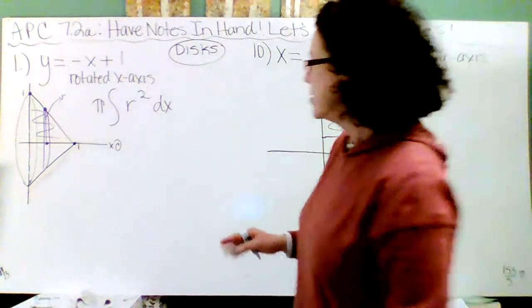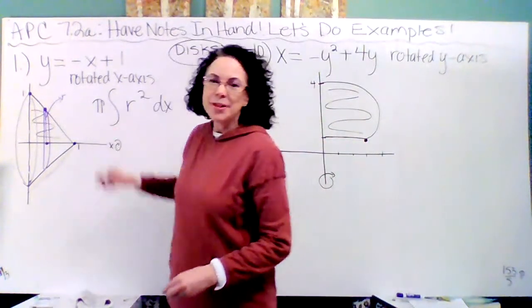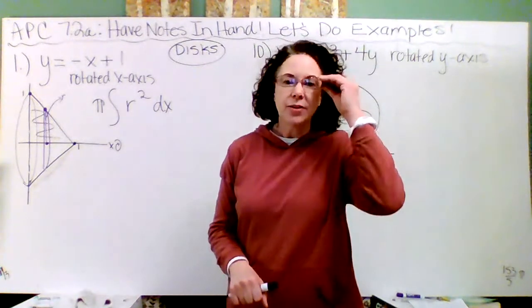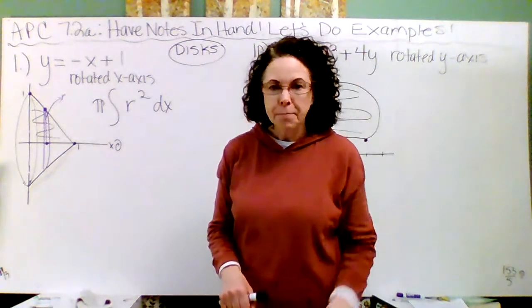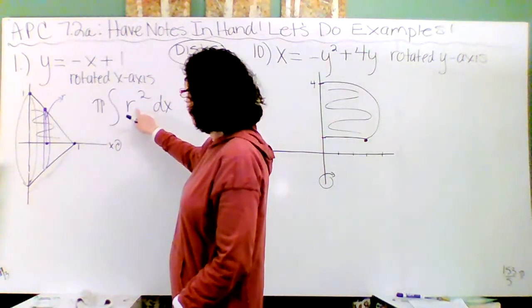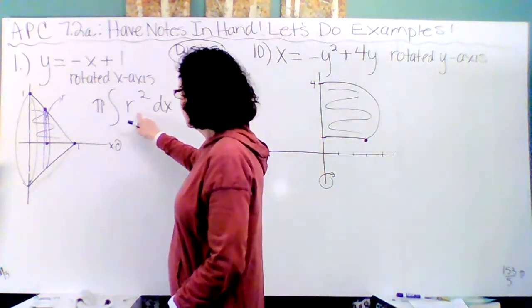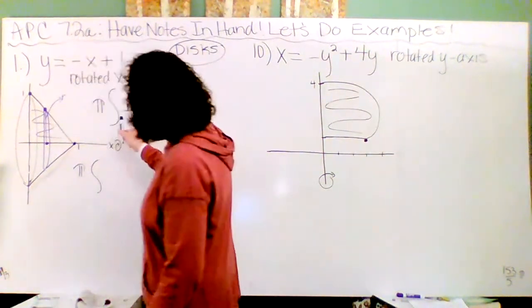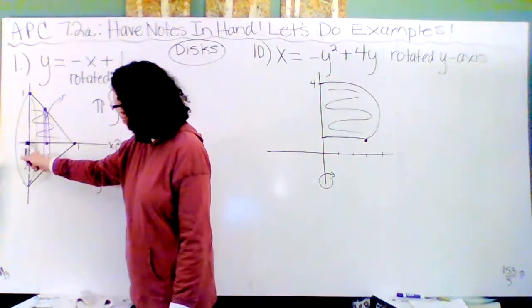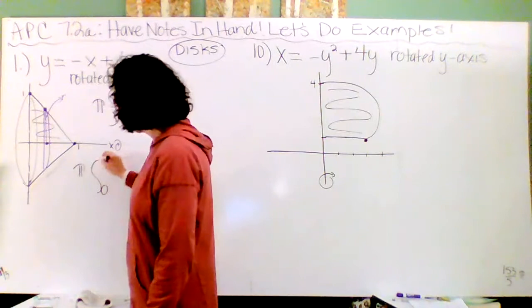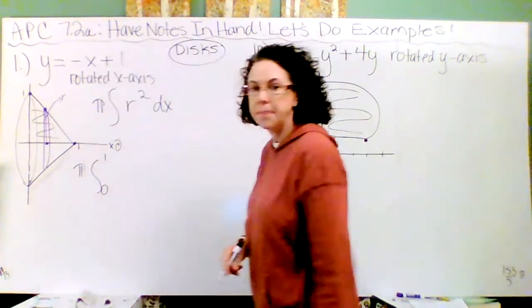All I need now is, don't forget your pi. When students forget their pi on a multiple choice question, there will always be an answer there where a student forgot their pi. So what goes in here then is the length of the radius in terms of x. So let's come on down here. We have pi. My lowest x is a 0, where I'm collecting these cylinders, and my highest x is a 1.